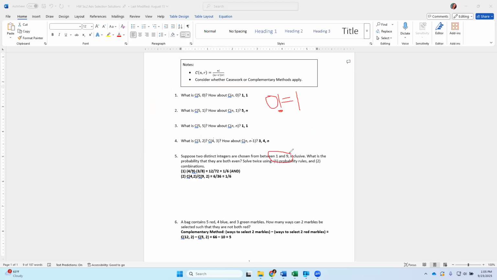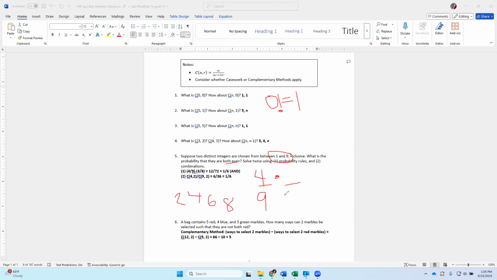So you have 9 numbers. You want the probability that they're both even. So you're picking a number and you're picking a number, and we're going to multiply them together. That's a dot right there. So even numbers are 2, 4, 6, 8. So there are 4 even numbers out of 9 total numbers.